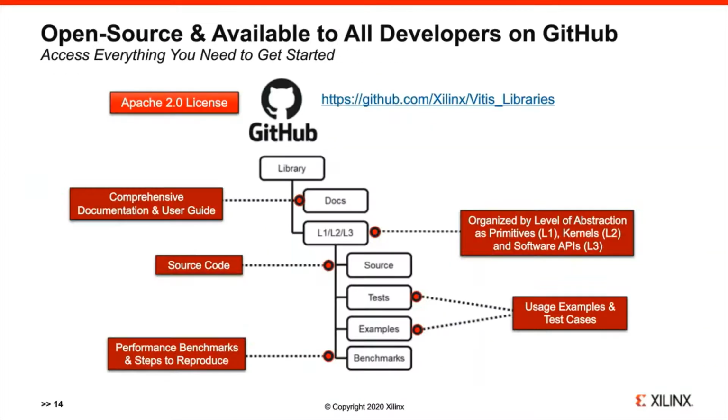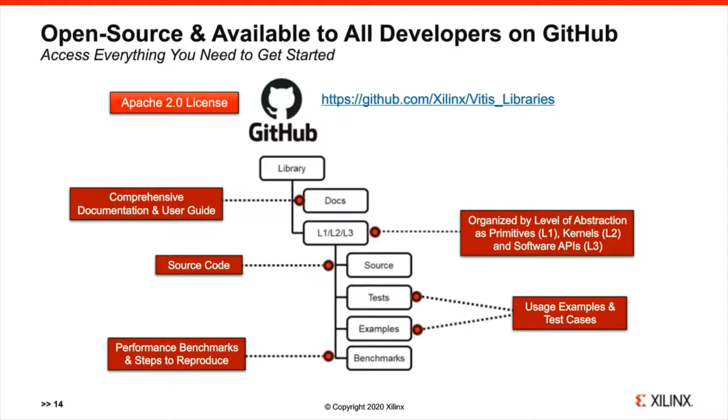All Vitis libraries are available for download on GitHub at the link specified here. These libraries are open source under the Apache 2.0 license, which is very permissive. They're all organized using a uniform structure on GitHub. Each library comes with its own comprehensive documentation. This includes a description of functionality, function parameters required, and individual performance estimates as well.